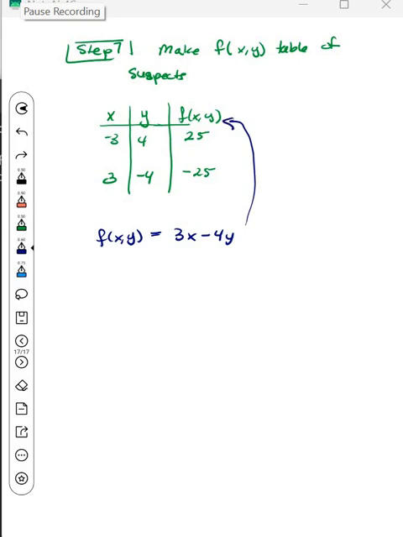In a scenario, you could have 5 of them. The largest f value is your maximum. The smallest f value is your minimum. We only have 2 here because of the simplified problem I'm giving you. So step 8 is make a conclusion.